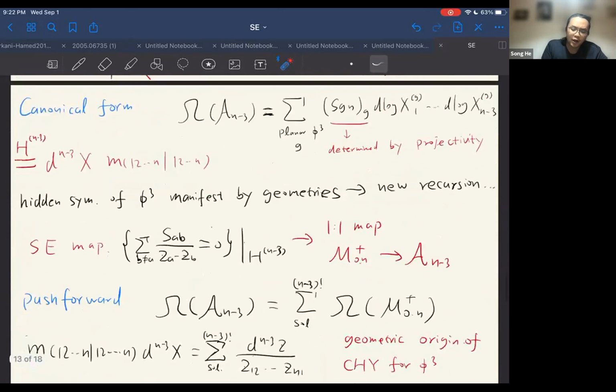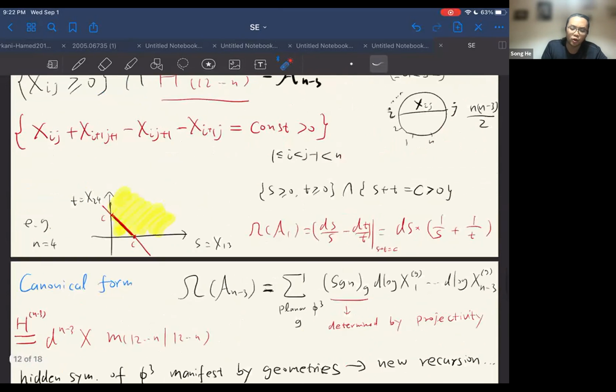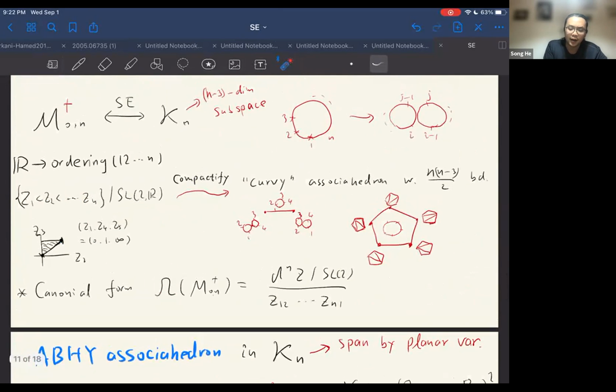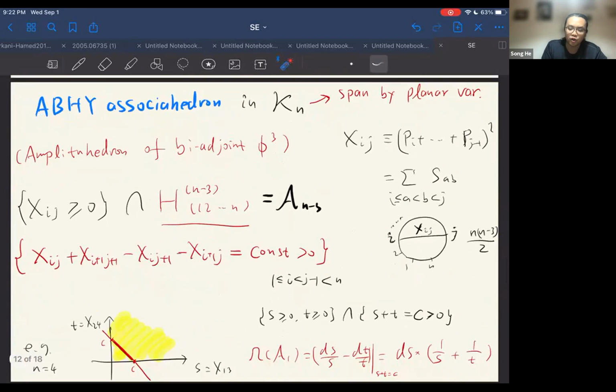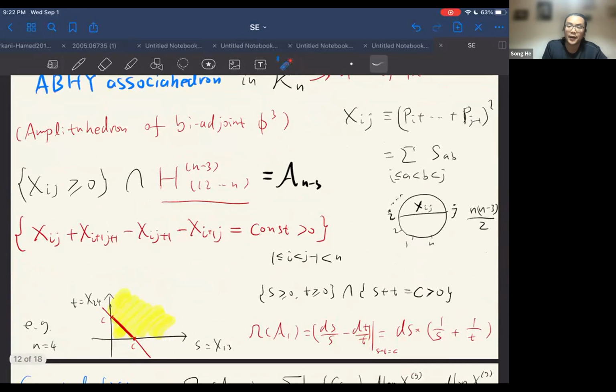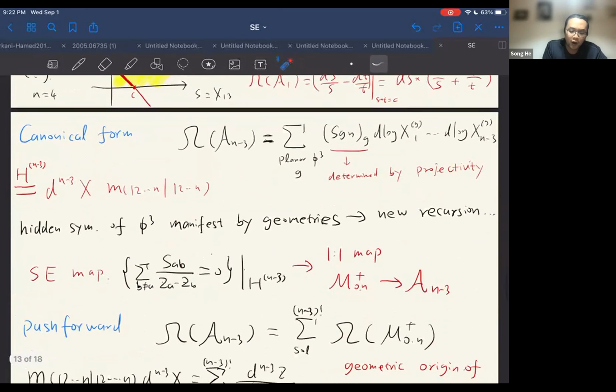And having said so much, now I can connect the two. Basically, I have a polytope living in the moduli space, the positive part after compactification, and I have an associahedron living in kinematic space, which has only been constructed very recently for this bi-adjoint phi cube case. And what is the scattering equation?